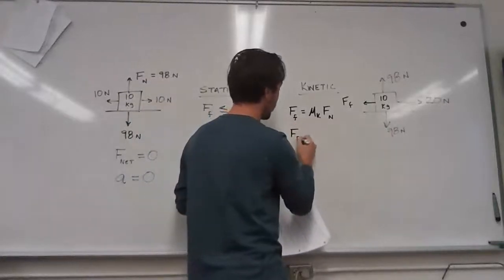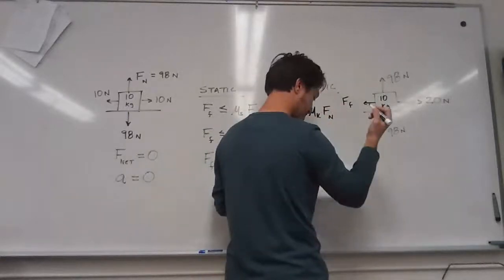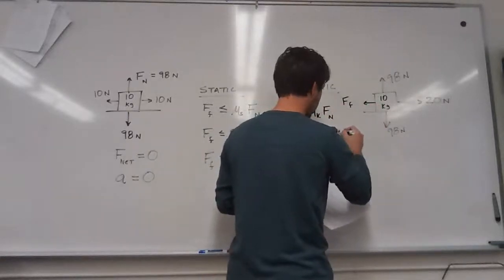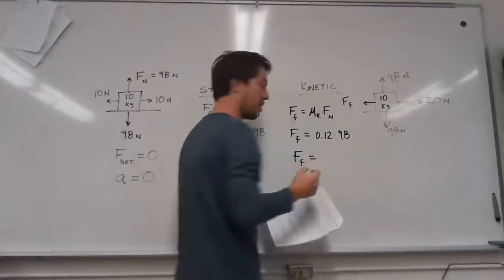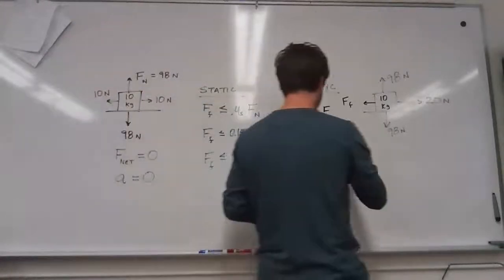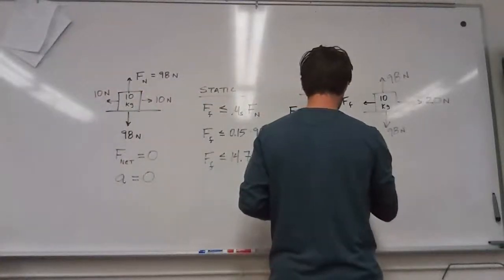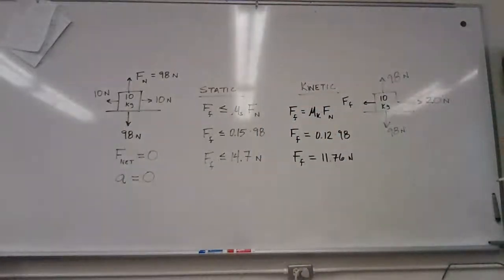So the friction force I get now is 0.12 times 98 newtons. What do you get there? 11.76 newtons, or call it 11.8 if you want, it's fine.